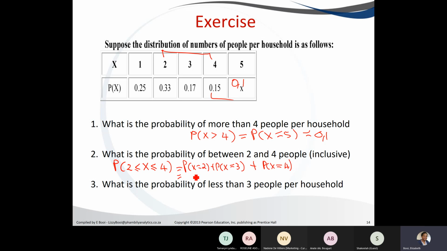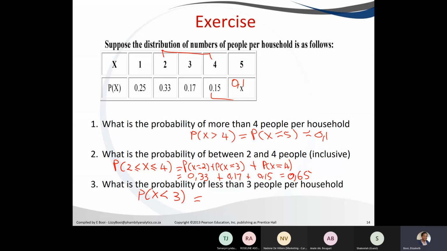And that is 0.33 plus 0.17 plus 0.15, which is equal to 0.65. The next one, which is the last one, says the probability that it is less than, not greater than, but less than 3 people per household.